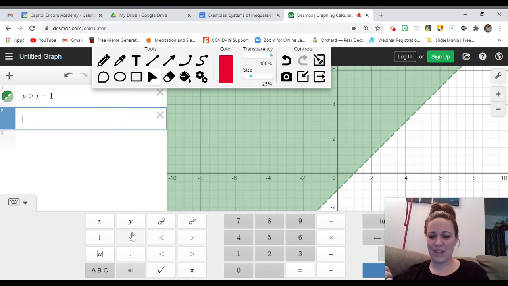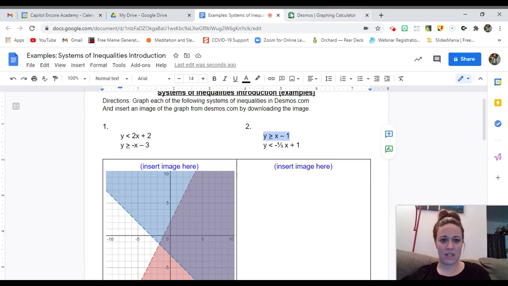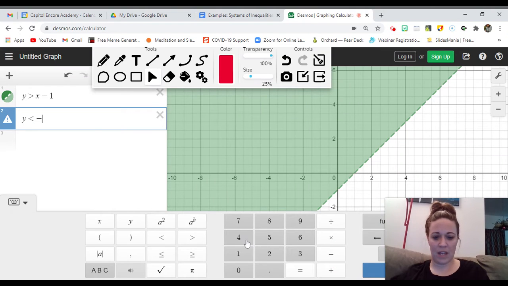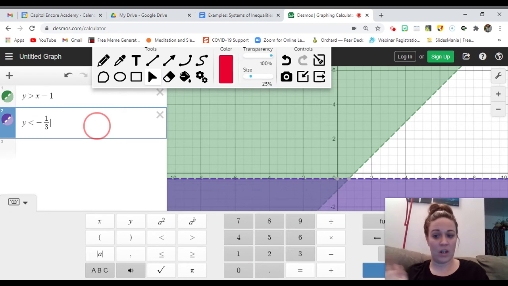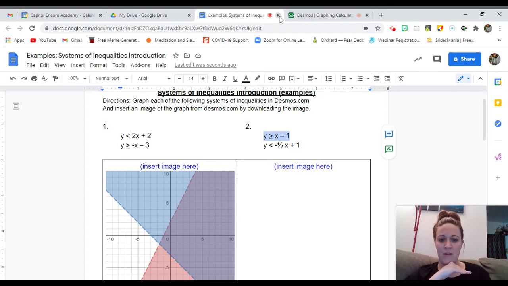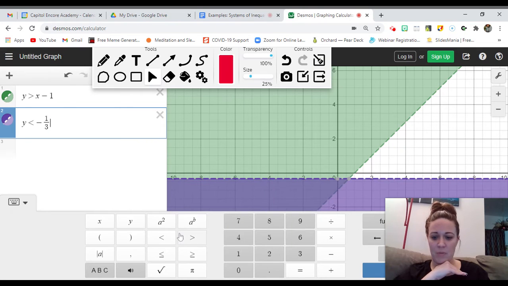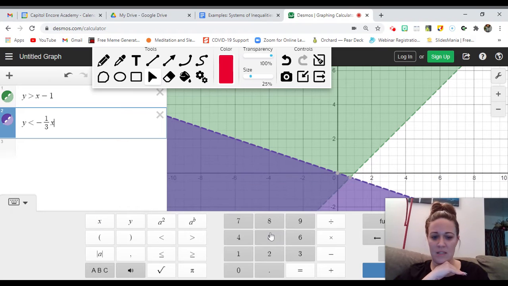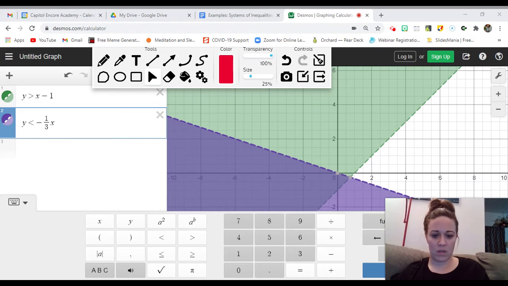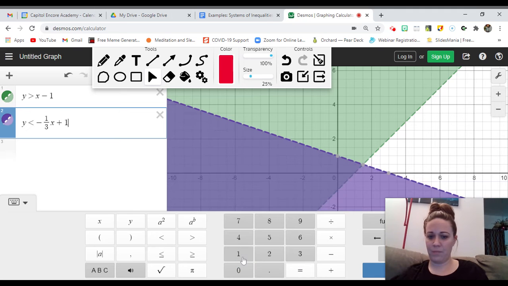I would do y is less than negative 1/3, so negative 1 divided by 3. Click off of it so that you're not writing in the denominator, the bottom portion of that fraction. And then it was x plus 1.